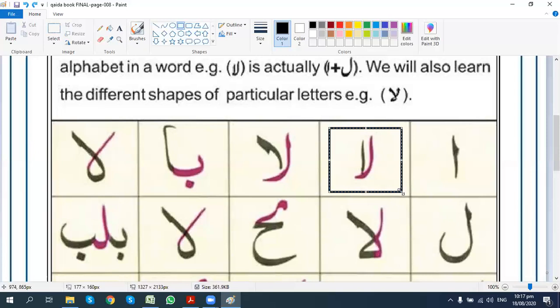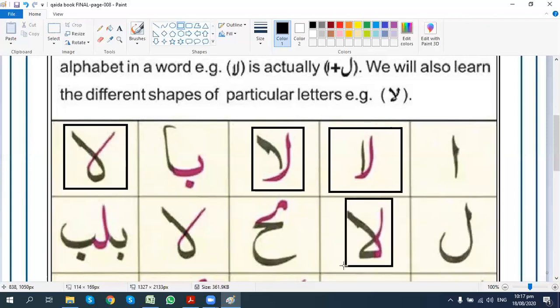So here we have one tip for our students, and we can tell them how to find which one is alif and which one is lam. If you tell your students this tip, they can always find it very easily, because in lam alif we have various types of conditions, various types of letters coming with lam and alif. Sometimes lam alif looks like this, sometimes like that, sometimes like that.